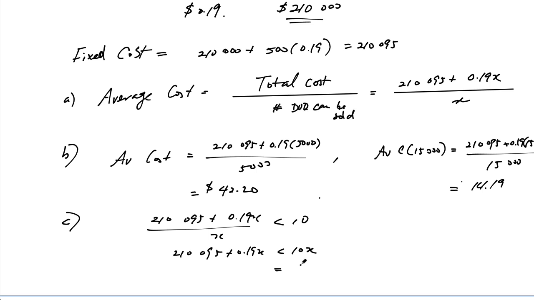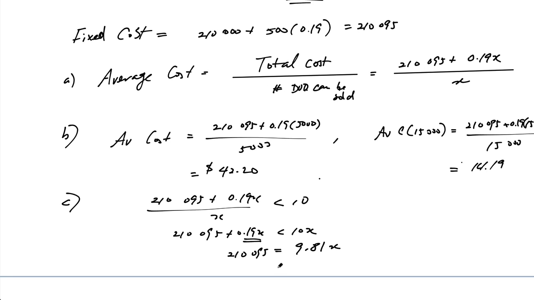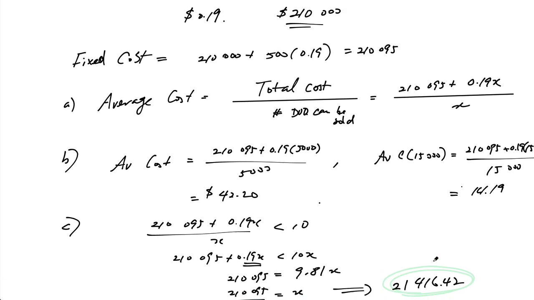Subtract 0.19x from both sides and you get 9.81x, and x will be just that divided by 9.81. So that is 21,417. That's the number. If you want the average cost to be under $10, you need to sell 21,417.